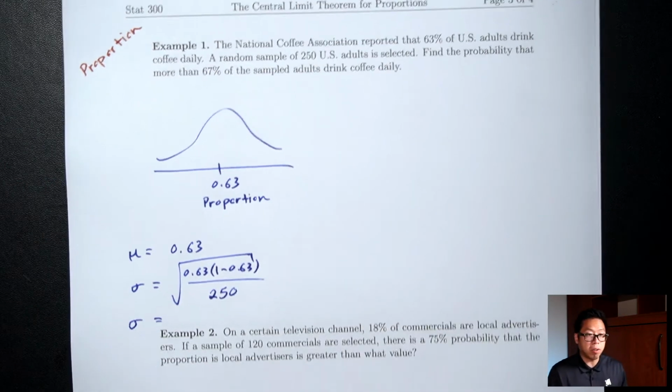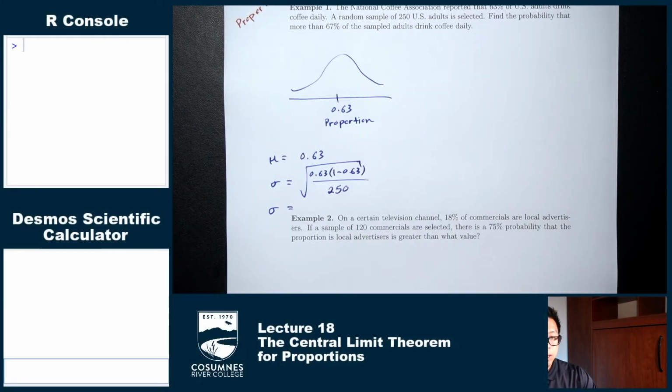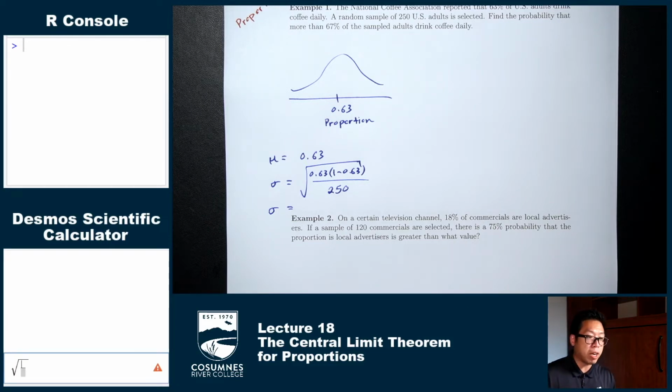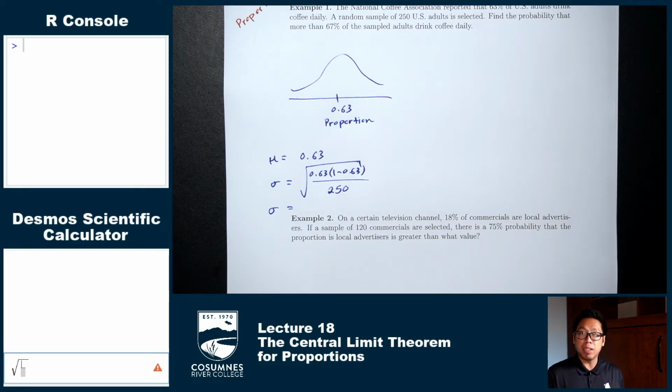Okay, so let's enter this into our calculator. So square root, okay, inside the square root, fraction. Make sure that fraction is inside the square root. So I think the easiest way to do that is to click on the square root and then click on the fraction button, this A over B, to get that fraction inside the square root.